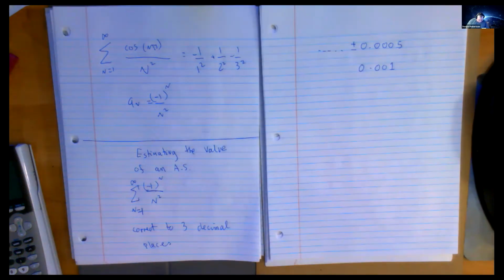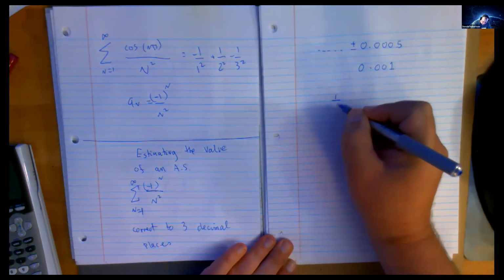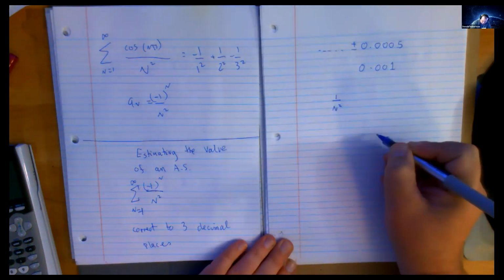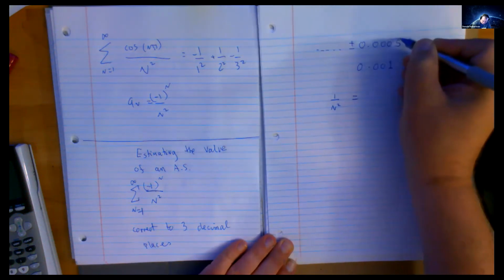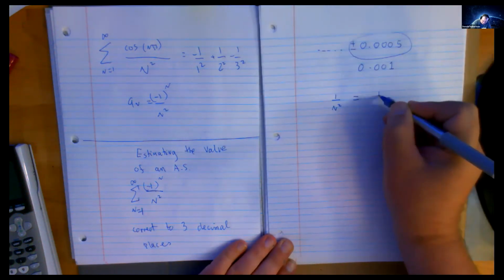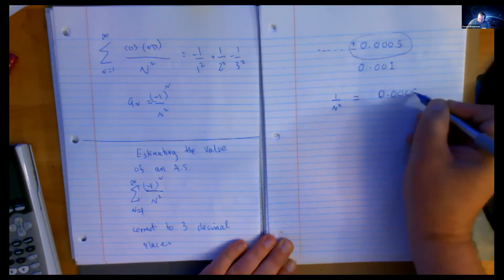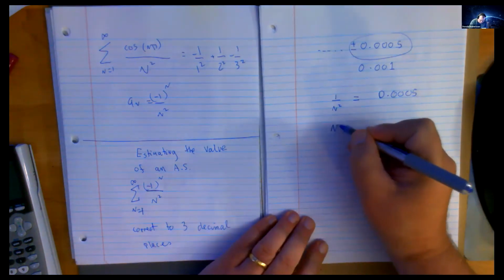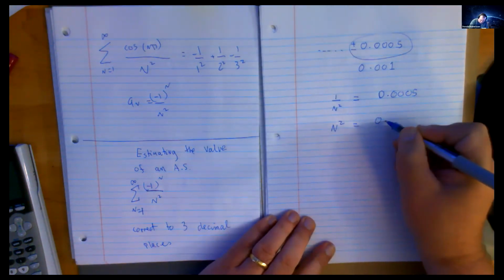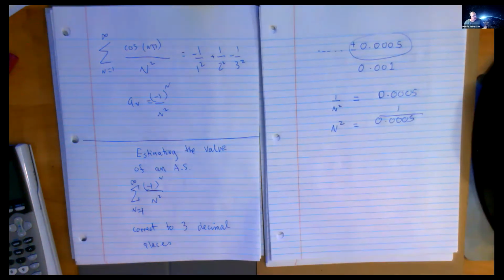So, for this question, I'm going to be looking for when is this fella equal to that guy, which is the same as when is this fella equal to that guy.